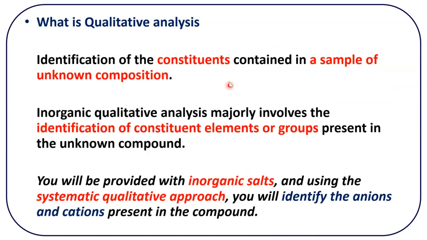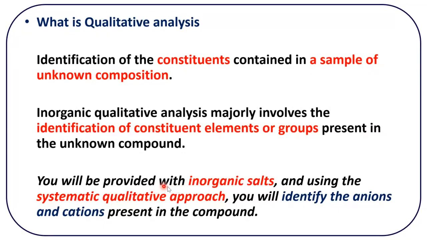Let us define the qualitative analysis again. Qualitative analysis is just the identification of the constituents contained in a sample of unknown composition. Inorganic qualitative analysis majorly involves the identification of the constituents, elements, or groups present in a simple salt.